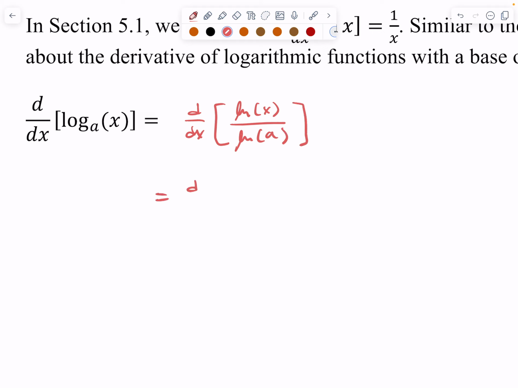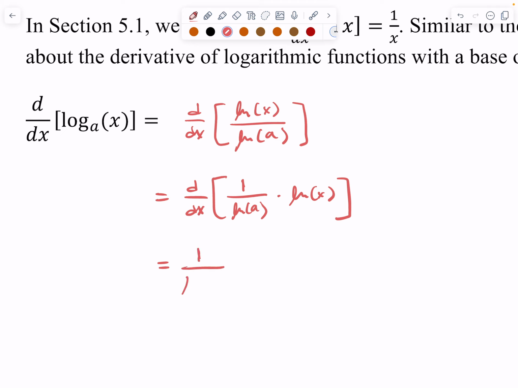which, just like we did above, ln of a can be treated as a constant, or actually 1 over ln of a I can treat as a constant. So then whenever we're taking the derivative, we're really just taking the derivative of natural log of x, which we know is 1 over x.